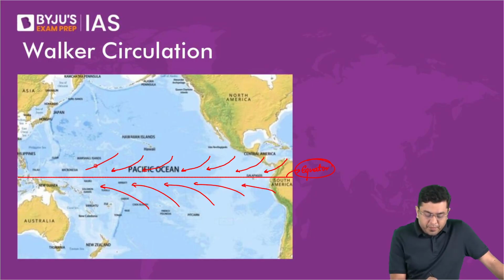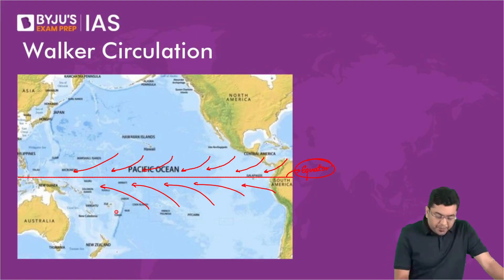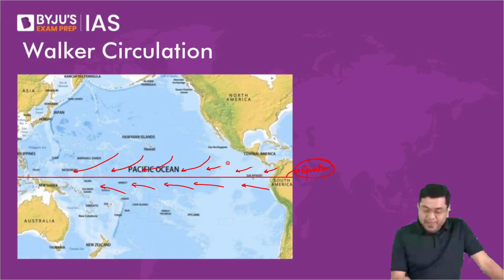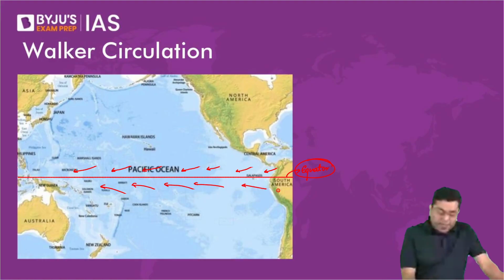Now, if I were to consider only the equatorial region and not the tropical area, let's suppose I consider the fragment of the wind only in the equatorial area. Now, what can we say about the direction of these winds?